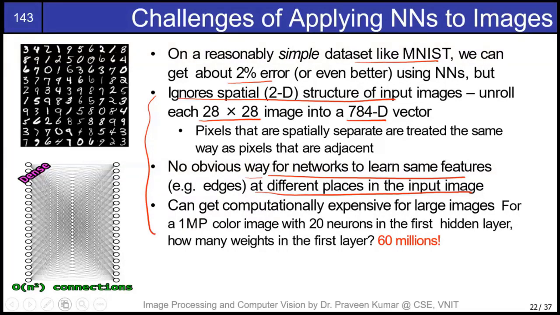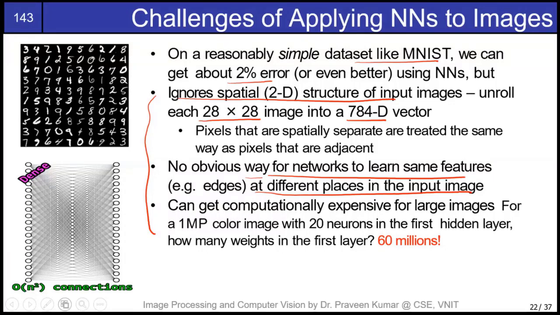An object can be present in the lower half, the bottom, the upper left or the lower right and so on. We have seen when discussing features that we would like to detect features which are invariant to simple translation, rotation, or scale change and so on. All those things are not explicitly treated in a simple feed-forward neural network.